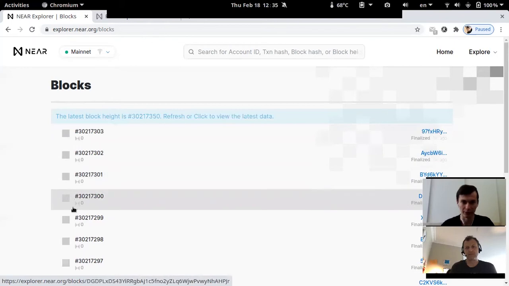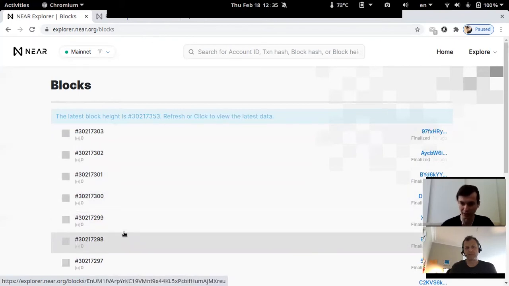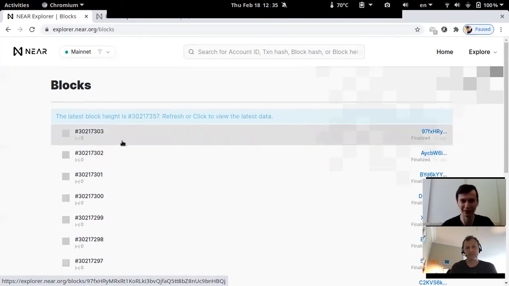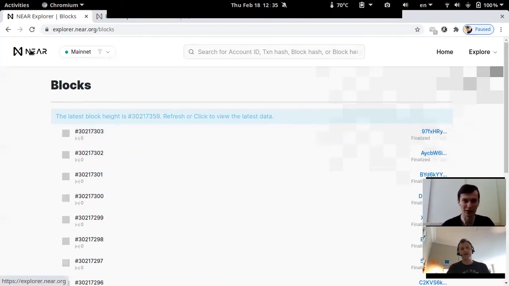Here we are very far from any capacity problem right now, and that's why we take it with caution to release more shards. We currently run only a single shard network on mainnet. It's stable, it's well tested, and we don't expect any unknowns.